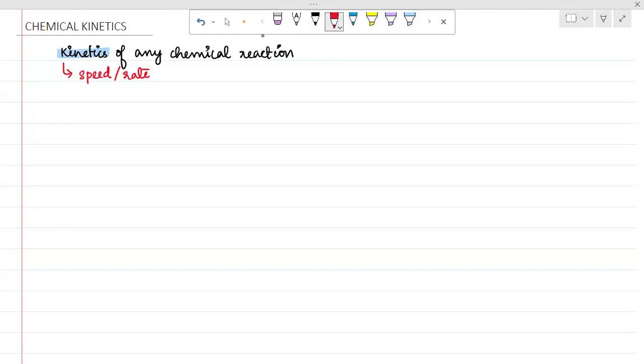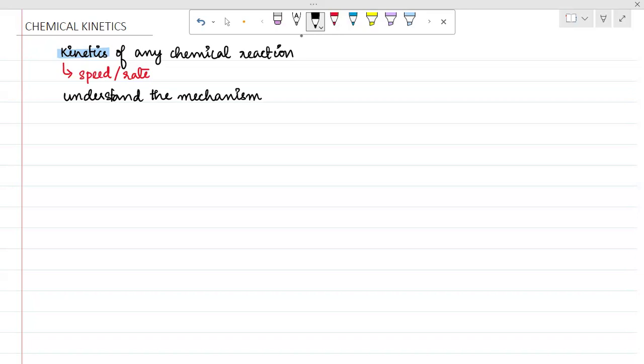Why do we want to know the speed or rate of any chemical reaction? It is to have some idea, to understand the mechanism of the chemical reaction.